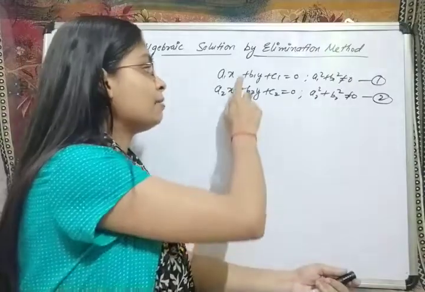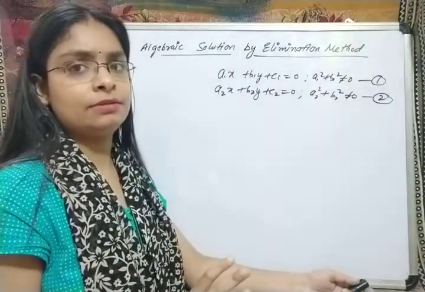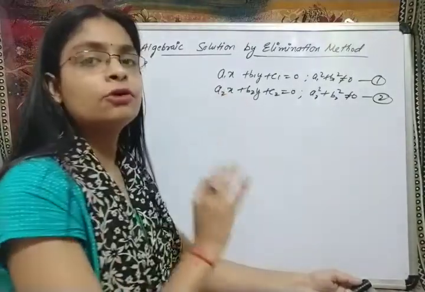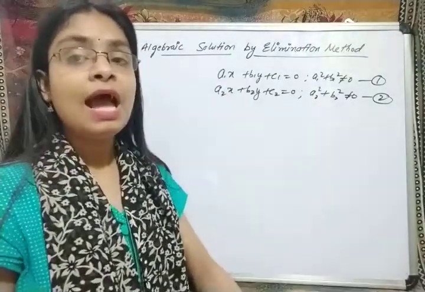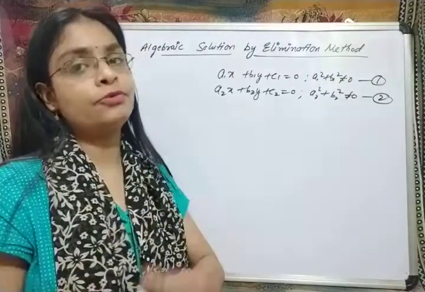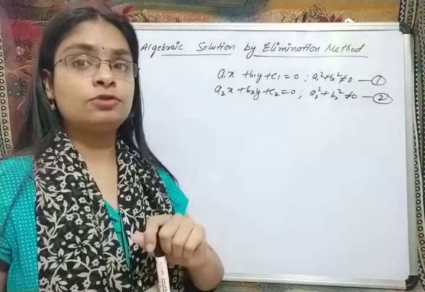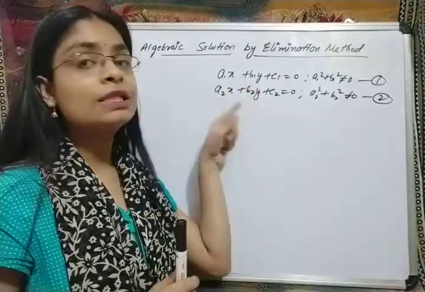It doesn't matter here about the signs. It can be the same, it can be different. First we have to make the coefficient of any one variable the same. And after that we have to add or subtract those two equations. It depends upon the situation, and it depends upon the sign.